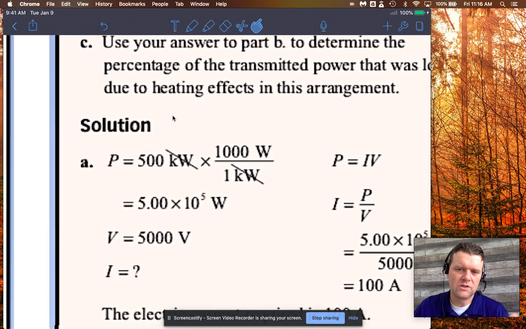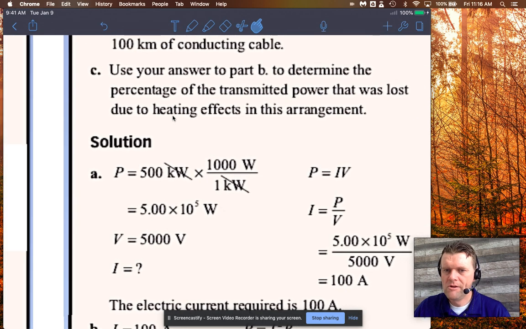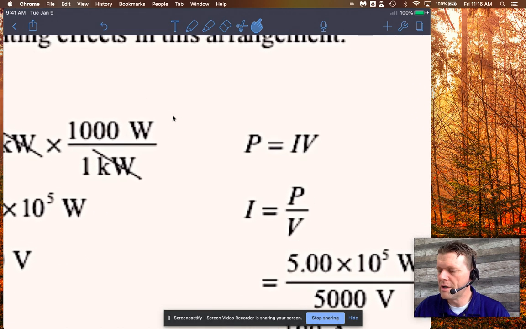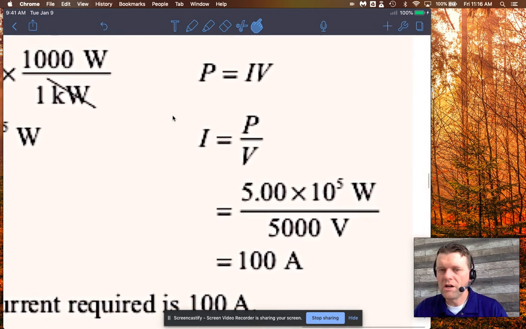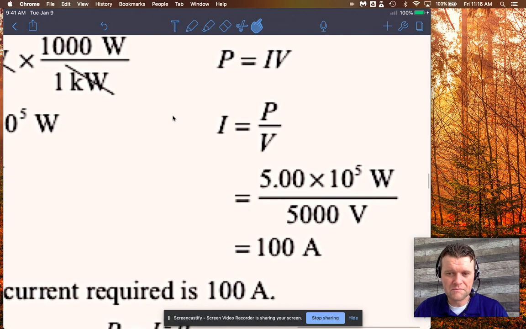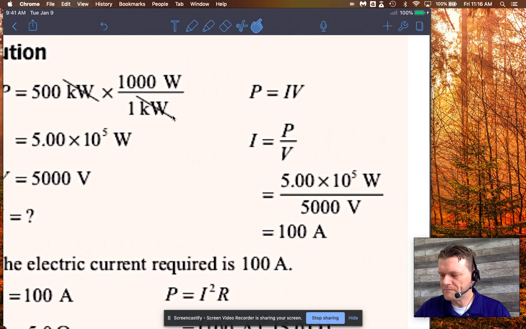And then the voltage is fine. It's in volts. So to solve for current, we have to manipulate and divide the power by the voltage. So that's what we did, and we get 100. So it was 100 amps. Okay, that's a lot of current. Any 100 amps going through anything in your house would light on fire. That's a huge amount of current.